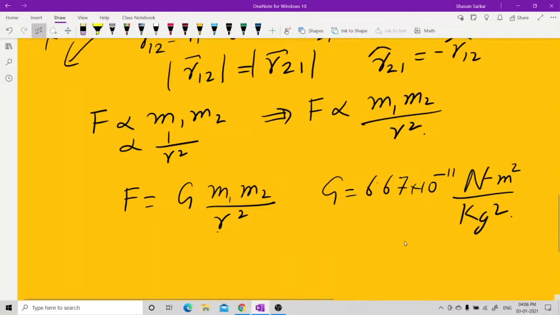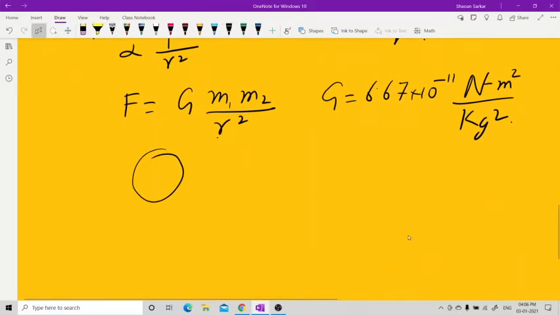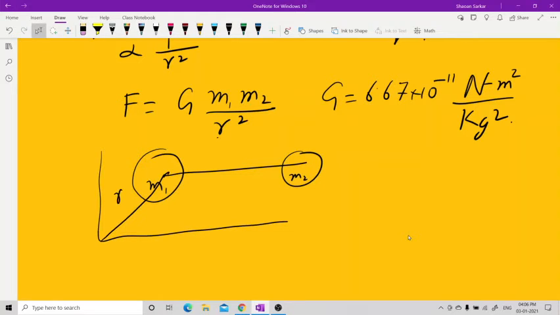Now let's see. We had these two bodies, this one and this one. This was m1, this was m2. The position vectors we saw were r1 and r2, and this was r12 or r21, however you want to do it.